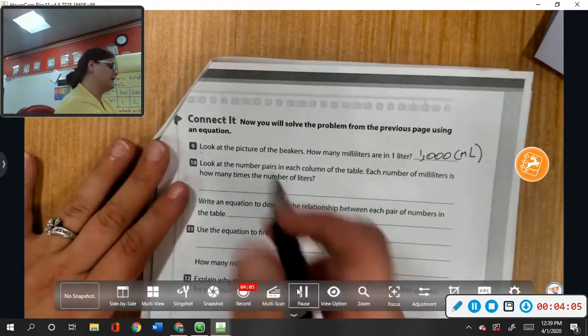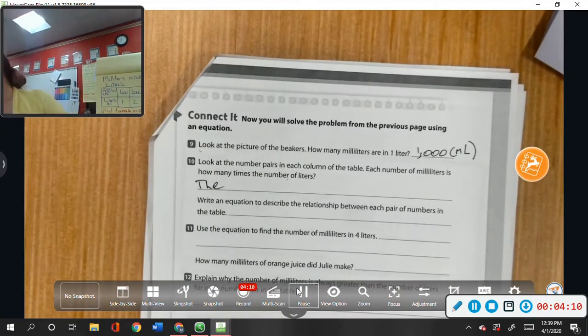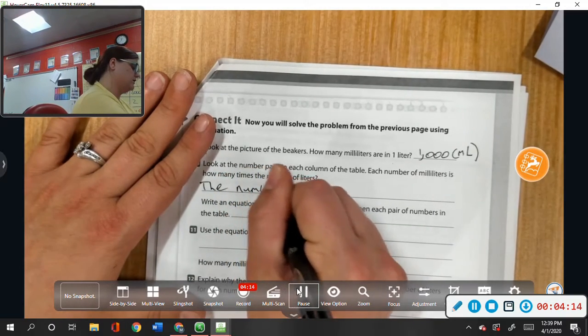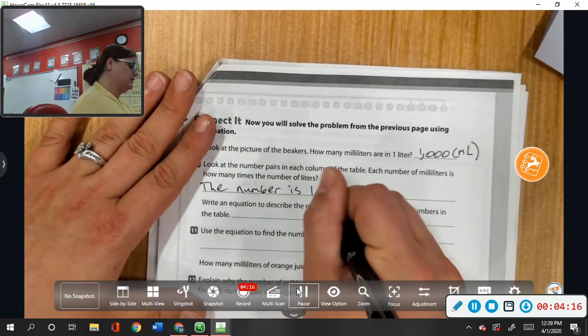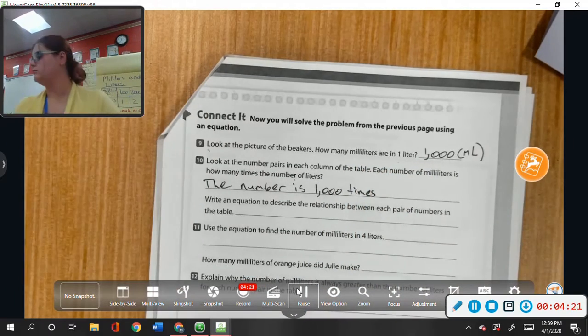So let's go ahead and write that out. The number is 1,000 times, what unit were we working with? We were working with liters.